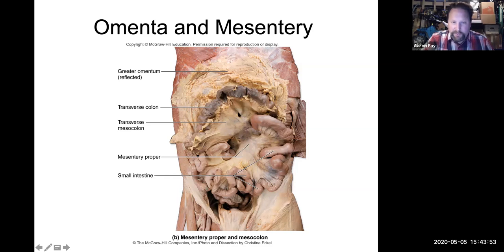Transverse colon is supported by the transverse mesocolon. The transverse colon is the one that is traversing your abdominal cavity. These small tubes down here are your small intestines. So here you have mesentery proper, which is going to support the small intestines. So greater omentum, transverse mesocolon, and mesentery proper.